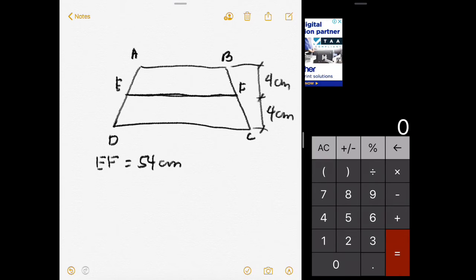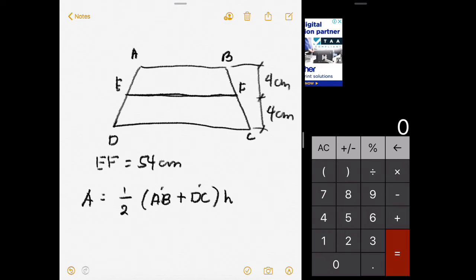I-rewrite natin yung formula. So, 1/2 AB plus DC times height. Okay. Ito yan length niya, length ni AB, length ni DC.